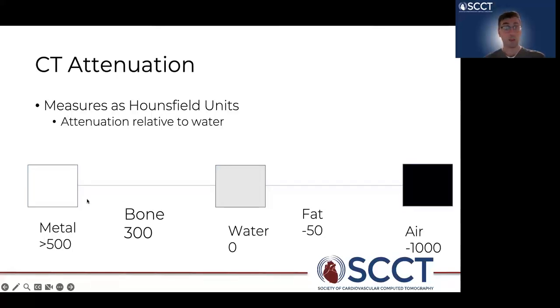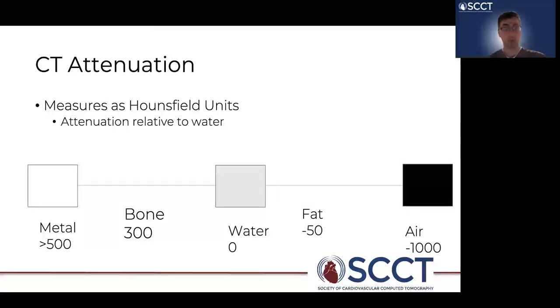And then metal will be over 500, bone around 300. Metal will be bright white. Air will be negative 1,000, which will be black. That's why the lungs look black on a CT scan. And then fat will be around negative 50. And so this is how the computer software assigns varying shades of gray to the scan, and that's how we can see the image on our computer screens.